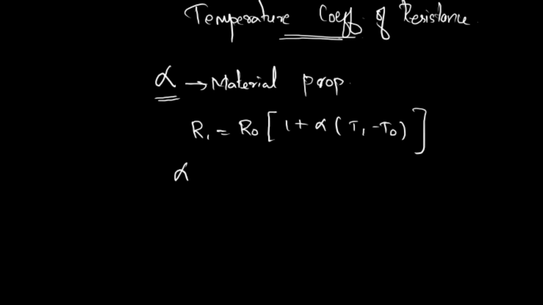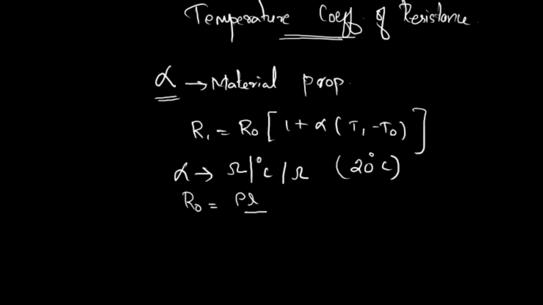Alpha is the temperature coefficient of resistance and its unit is ohm per degree Celsius per ohm, and it is usually measured at room temperature, which is 20 degrees Celsius. R0 is nothing but the resistance given by R0 is equal to rho L by A, calculated at 20 degrees Celsius, and T0 is the nominal room temperature, which is 20 degrees Celsius.